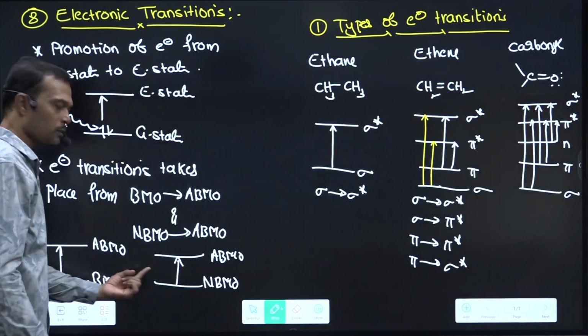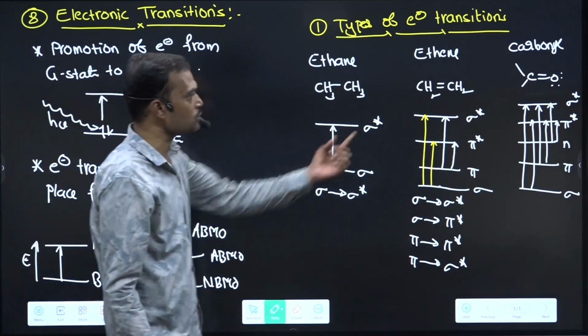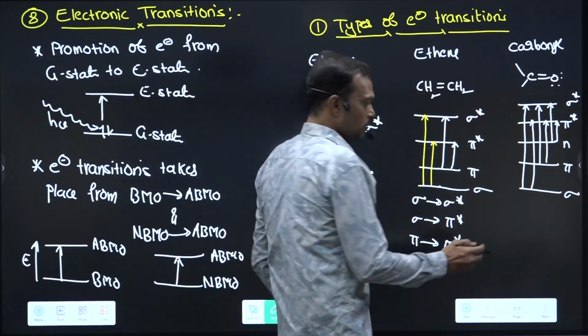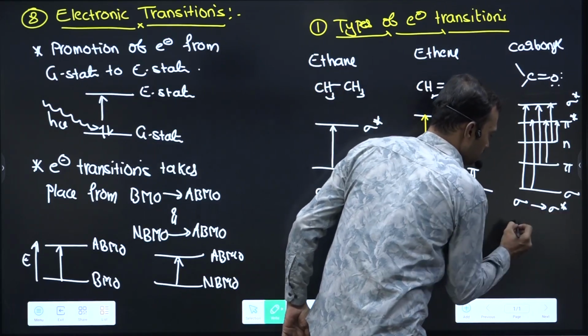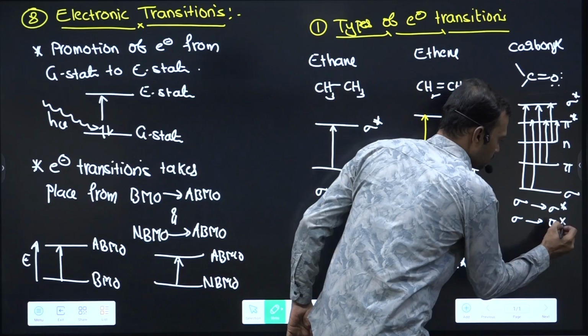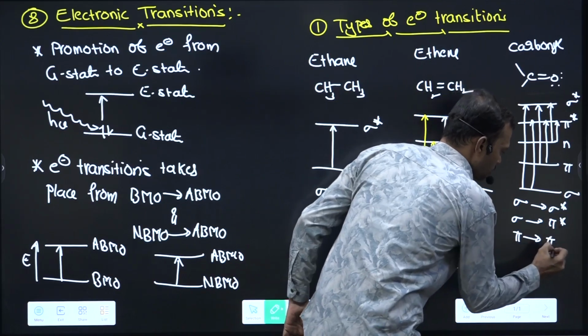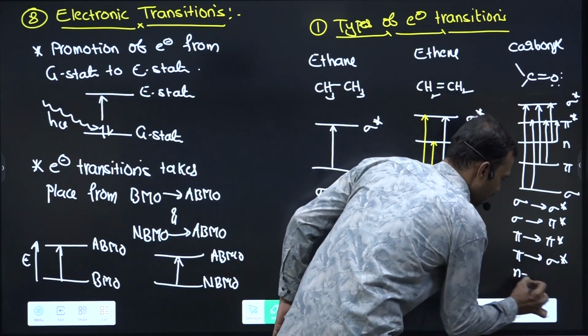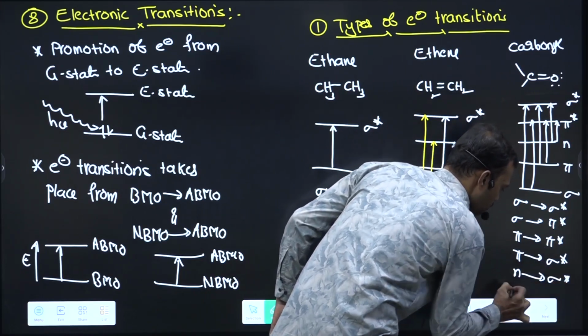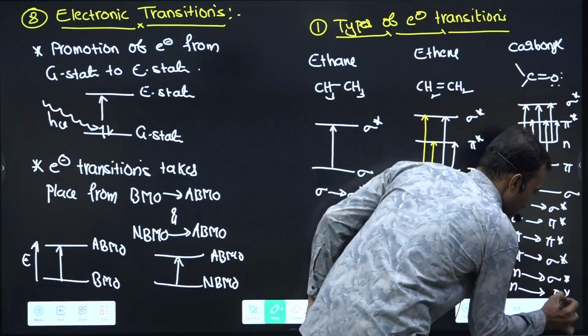Out of these, based on the molecule, overall a maximum of 6 are possible. Those 6 possibilities are sigma to sigma star, sigma to pi star, pi to pi star, pi to sigma star, then n to sigma star, and one more, n to pi star.